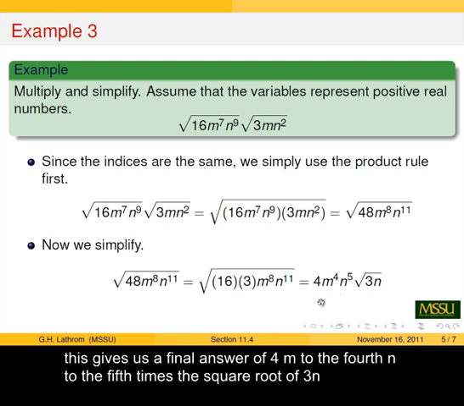This gives us a final answer of 4 m to the 4th n to the 5th times the square root of 3n.